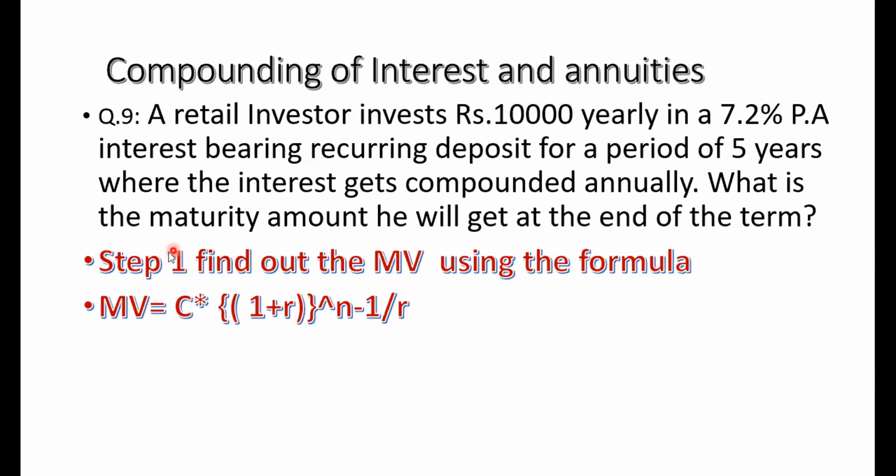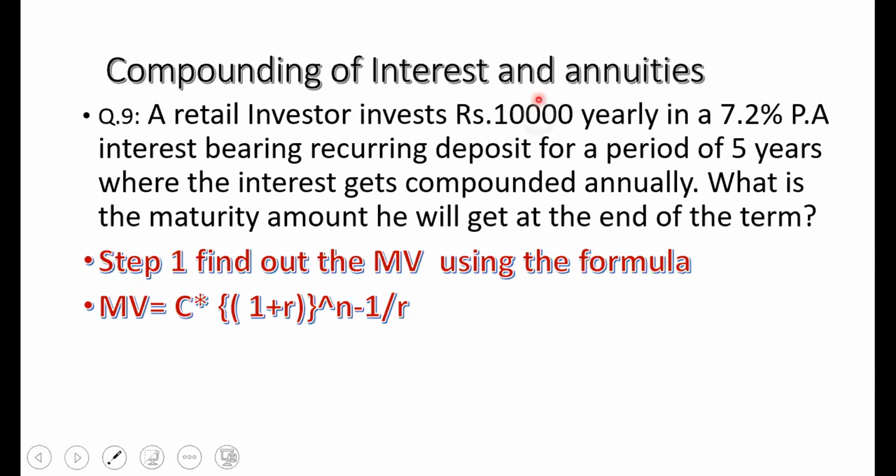The maturity value is equal to C, where C means monthly or yearly installment, into 1 plus R to the power N minus 1, divided by R. If you remember this formula, you can do so many calculations using it.